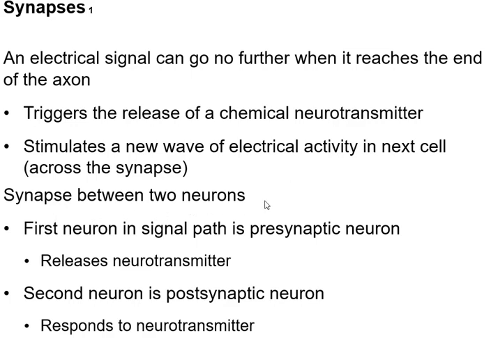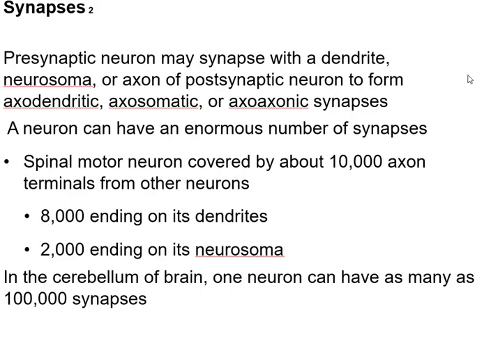So remember, there's a synapse because you don't want two nerves touching each other, because if they did, they'd short each other out. So the first neuron is called a pre-synaptic because it's on the first side of the synapse, and then whatever is on the other side is called post-synaptic. So that's not too hard to remember.